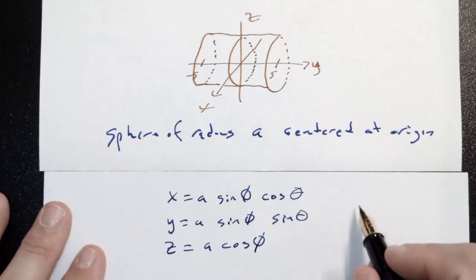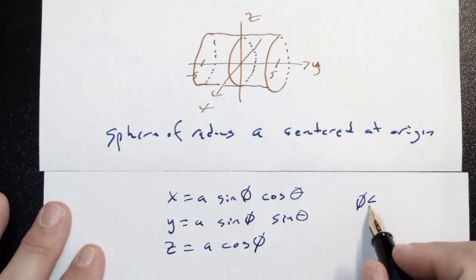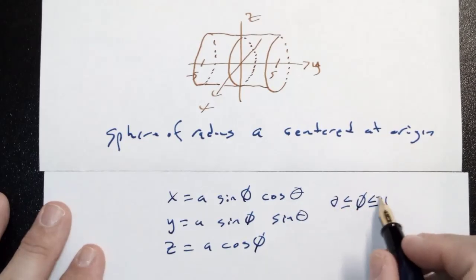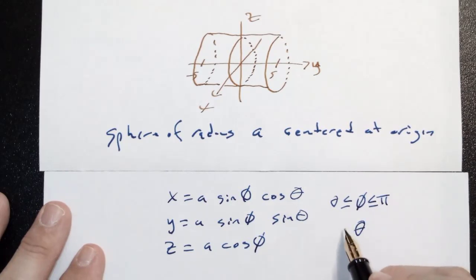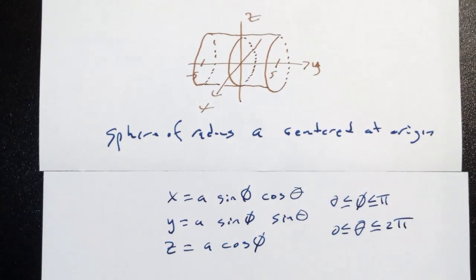And again, phi goes from 0 to pi, and theta goes from 0 to 2 pi. And that uniquely describes a point anywhere on the globe of radius a on the surface. And now I have a two-dimensional idea for describing this three-dimensional object.